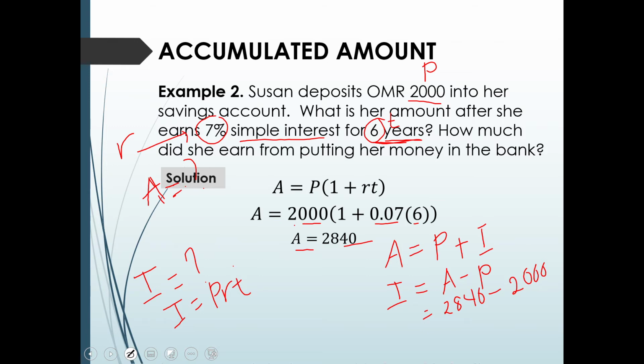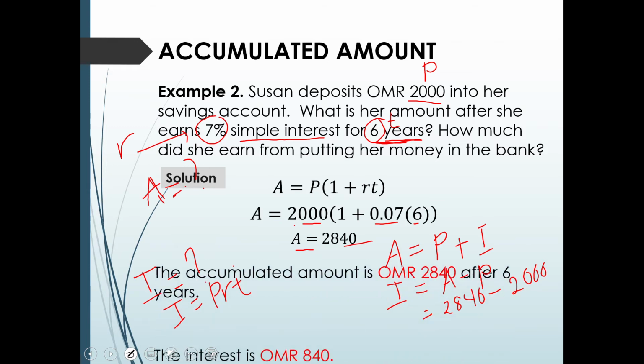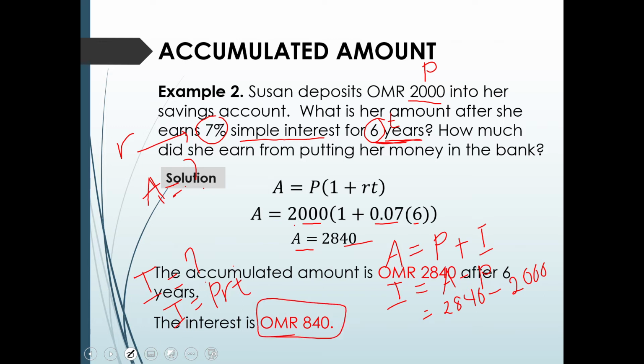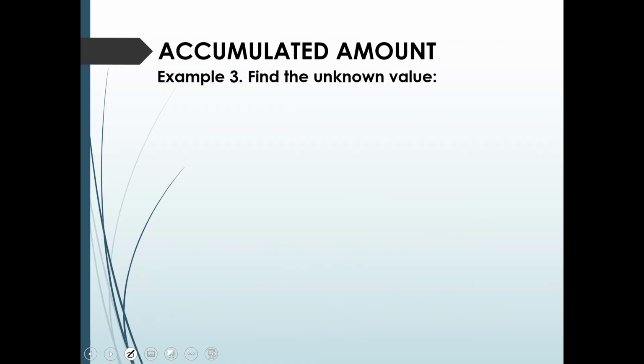So you will get an interest of 840 riyals. So the accumulated amount is 2,840. The interest is 840.